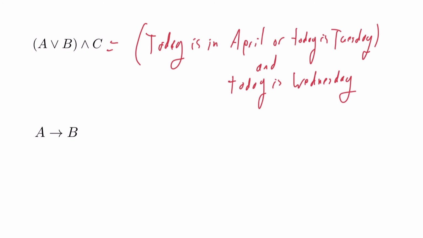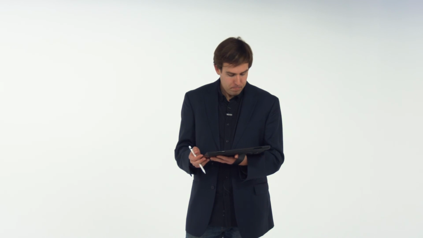Which again, we could say this whole thing is equivalent to today is in April and is Wednesday, because it's not possible for it to be Tuesday and Wednesday. So it can sometimes be helpful to think a little bit about these conditionals beyond just the obvious interpretation.